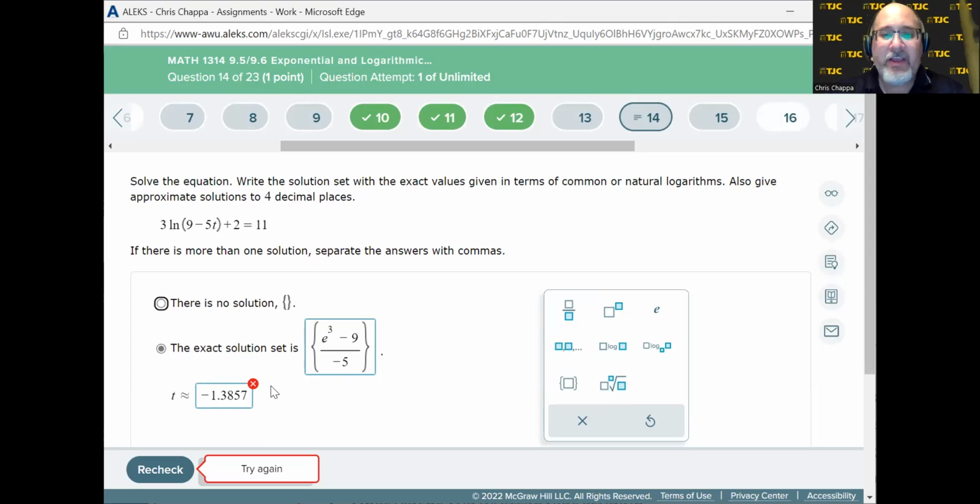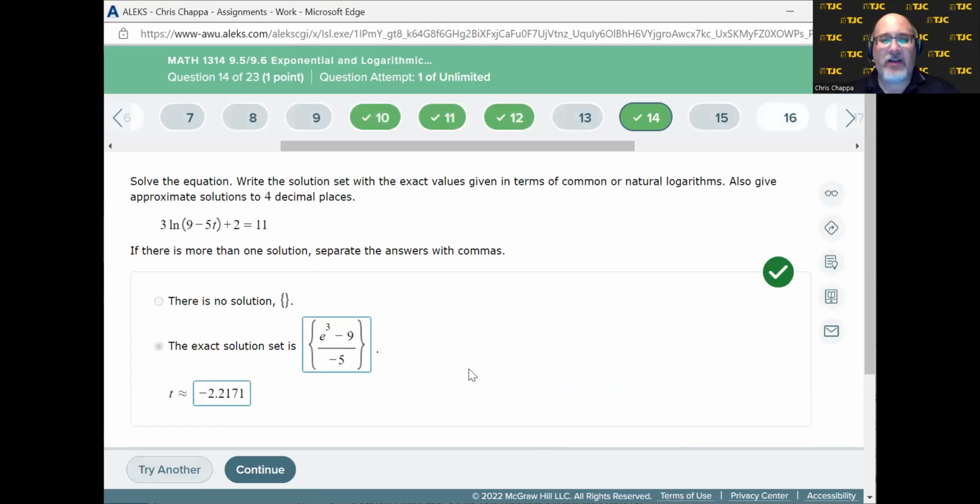Let me make sure I put it in my calculator correctly. e to the 3rd power minus 9 equals divided by negative 5. I must have pressed something wrong in my calculator, because that's not the number I got this time. Negative 2.2171, and the next digit is 0, so the 1 doesn't round up, it rounds down. Not sure what I pressed in my calculator the first time, but hey, at least we get 3 shots at it.